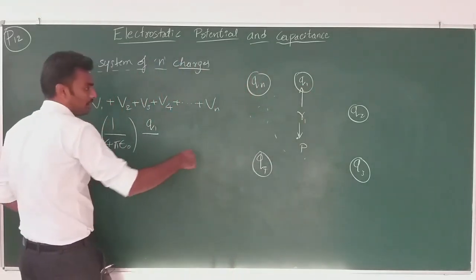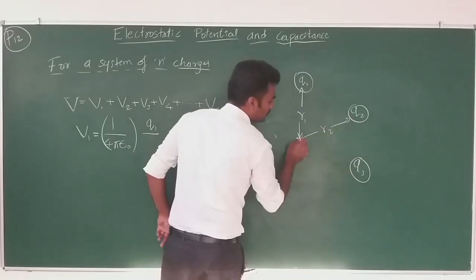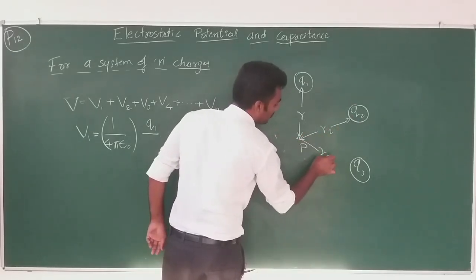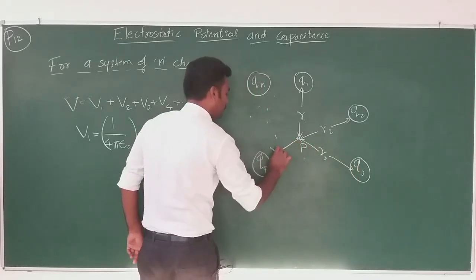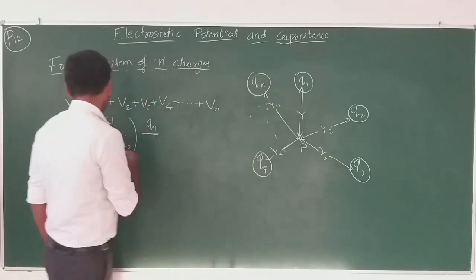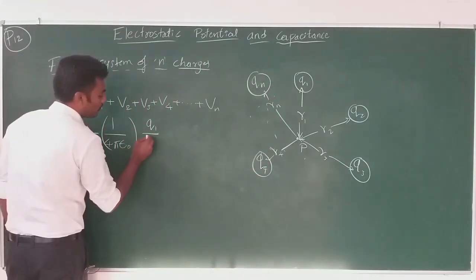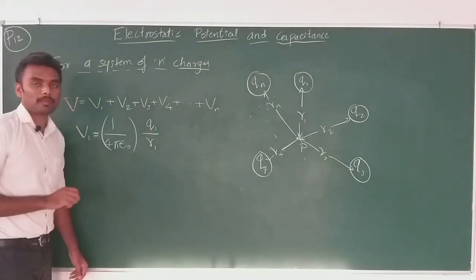So similarly, for Q2 let it be R2, for Q3 be R3, and for Q4 it is R4, up to Rn. Now I will write the expression only for V1, 1 by 4 pi epsilon naught Q1 by R1.